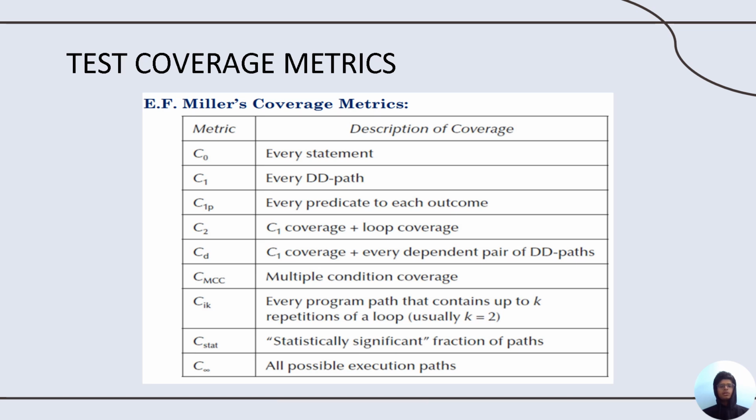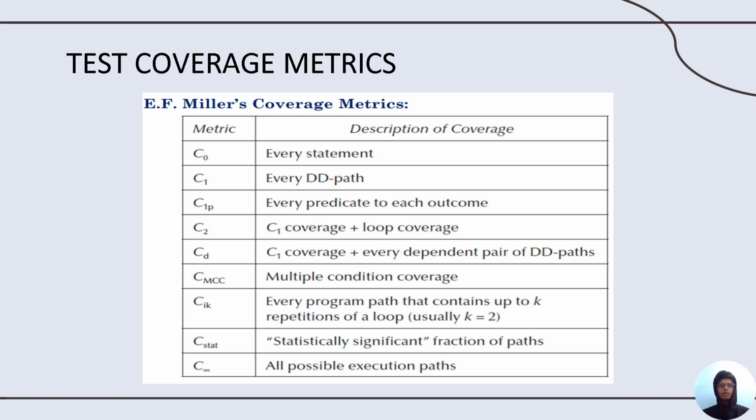Then C1 is the DD path, every DD path which will be taken. Then C1P is every predicate to each outcome. Then we have CZ, that is C1 coverage plus loop coverage. CD is C1 coverage plus every dependent pair of DD path. We have seen the DD path before, so that's how we link these both.